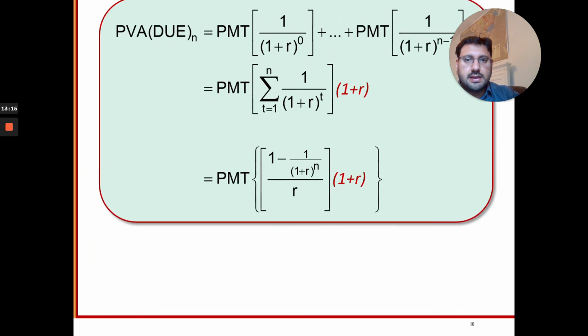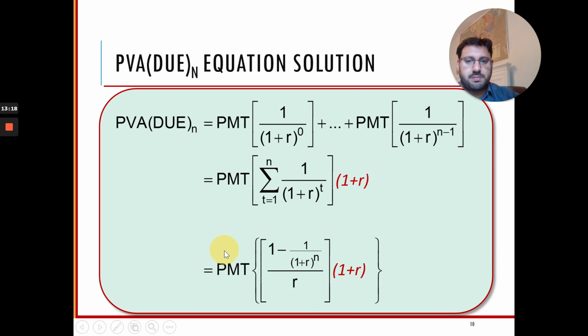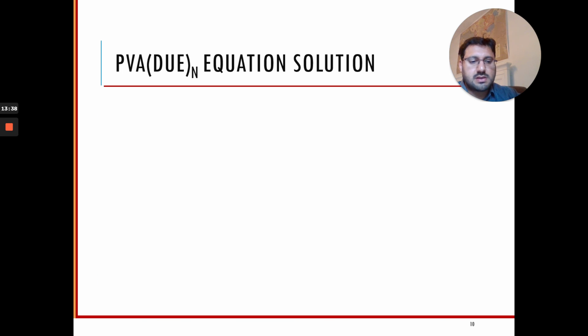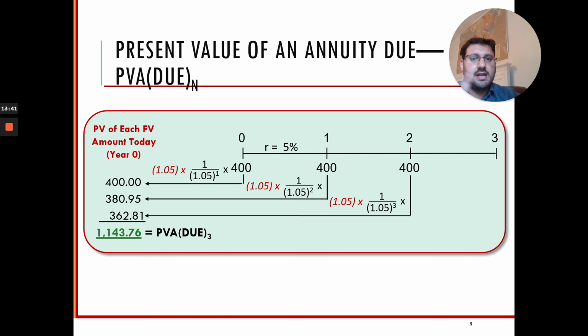With the formula, this is the formula for the present value of the annuity. So if you plug the numbers over here, R is 0.05 raised to the power N, where N is your number of time periods, 3. And why are we multiplying it by 1 plus R over here? The reason is that every payment over here is getting discounted by 1 less period. If you remember, in the ordinary annuity, this 400 was over here, the second 400 was over here, and this third 400 was in the end, right?